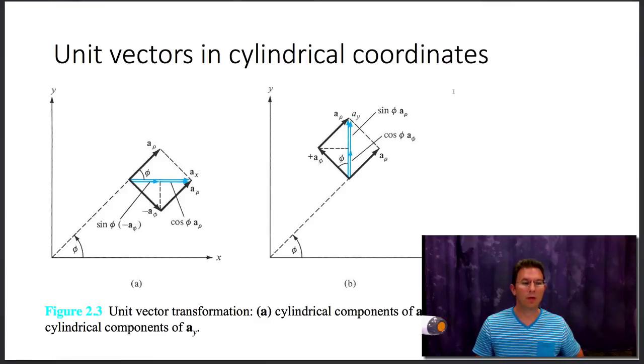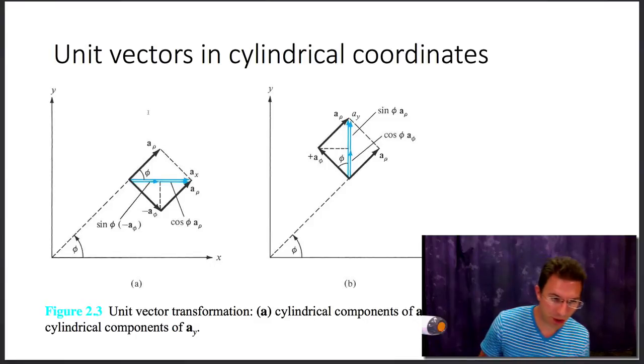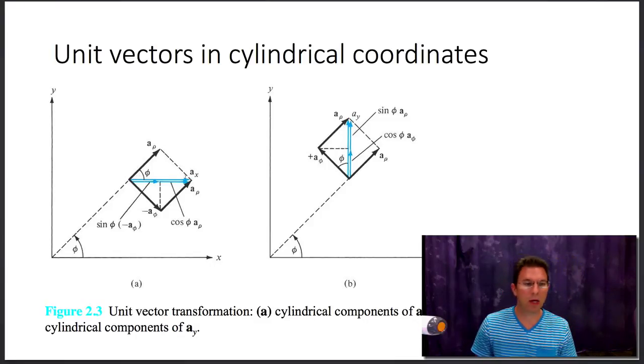Okay, if you look at figure A here, what they're showing you is that this long blue line represents the x hat vector. If you'll notice, it's pointing straight along the x direction. And what they're simply showing you is that this x vector can be resolved into a component along the rho hat vector here, and a component along the phi hat vector here.